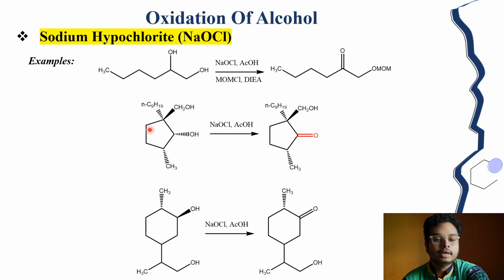Here also primary and secondary OH are both there. This is the primary alcohol, this is the secondary alcohol. So selectively the secondary alcohol gets oxidized. Here also the same, the secondary one gets oxidized and the primary one is unharmed.